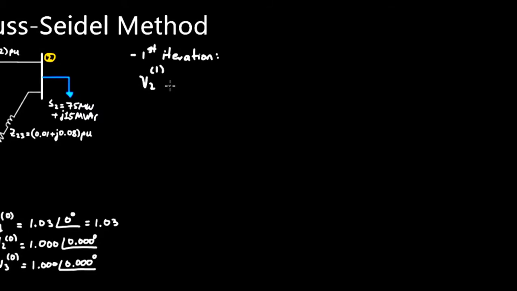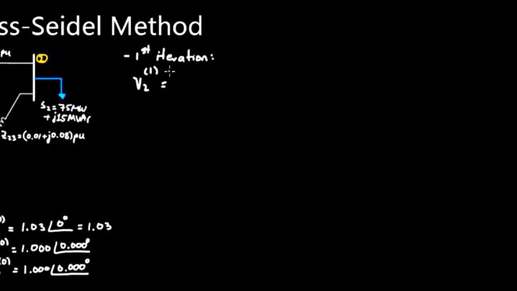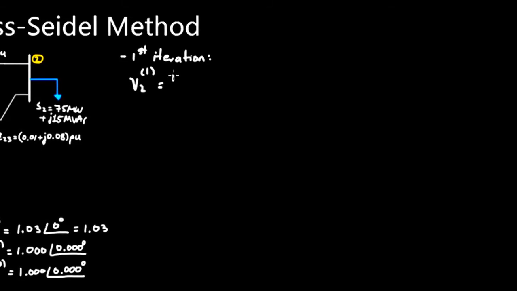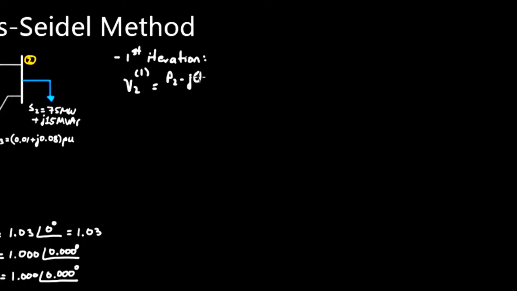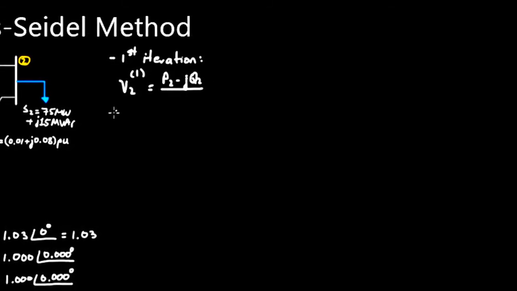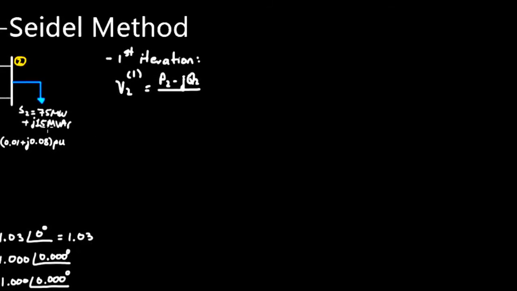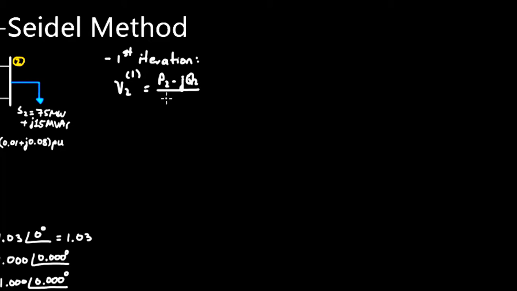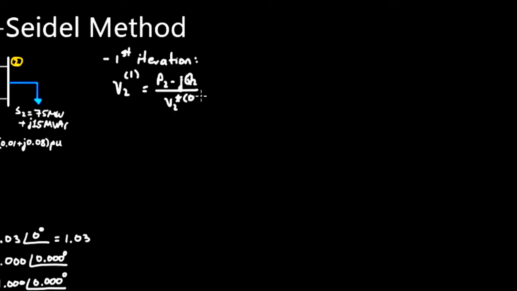So using the Gauss-Seidel equation, I can calculate the first iteration as the following. So I'll get that V2 of 1 is going to be equal to P2 minus jQ2, these being the powers at bus 2. So P2 is the real power at bus 2 and Q2 is the reactive power at bus 2. That over V2 conjugate of the previous iteration, so of iteration number 0.